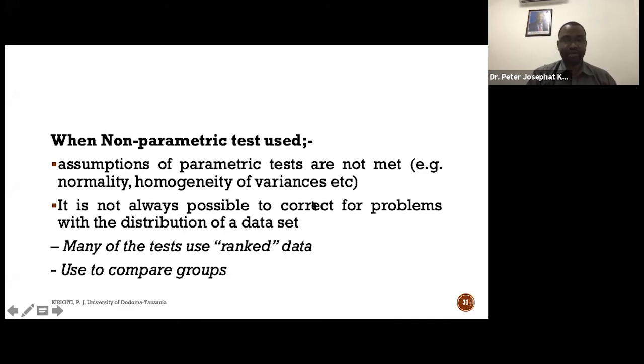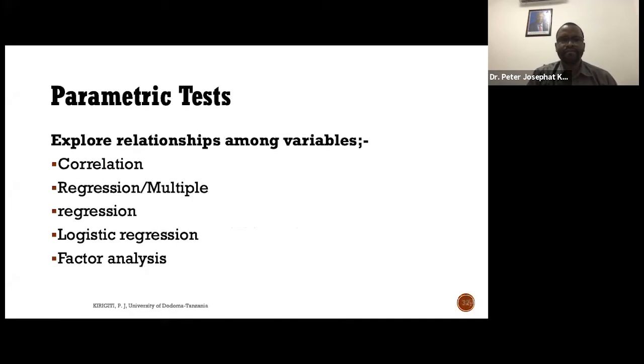So now you'll be questioned if you adapt a certain parametric test under certain conditions. These are some of the examples of the parametric test. Now see the parametric tests which are intended to explore the relationship among variables: correlation, regression, logistic regression, or factor analysis.